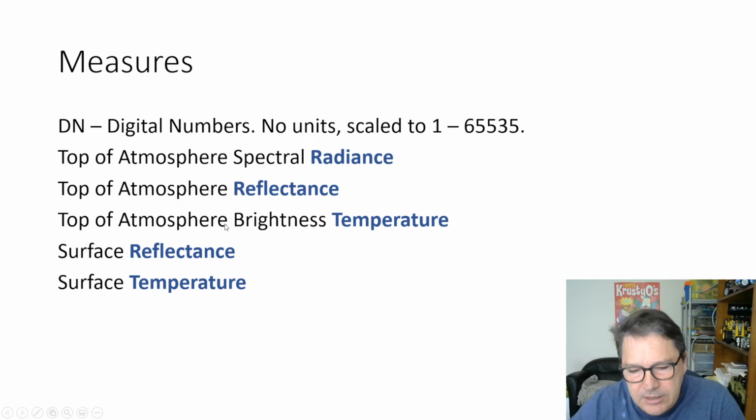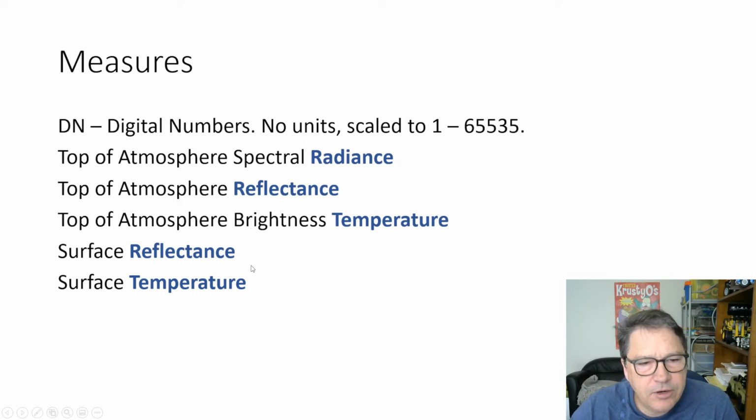Then a second level of processing, and a far more complicated one, is to go from top of atmosphere and remove the atmosphere contribution to get to surface or bottom of atmosphere. So then you've got your surface reflectance and your surface temperature. Your surface reflectance is your best measure of reflectance.